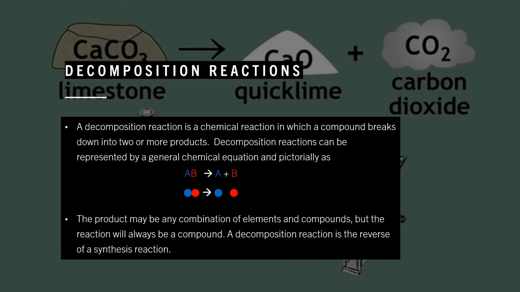AB produces A plus B, or blue-red would break apart into blue and red. The products may be any combination of elements and compounds, but the reactant will always be a compound. A decomposition reaction is the reverse of a synthesis reaction.